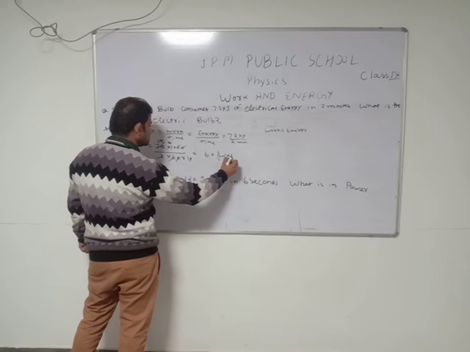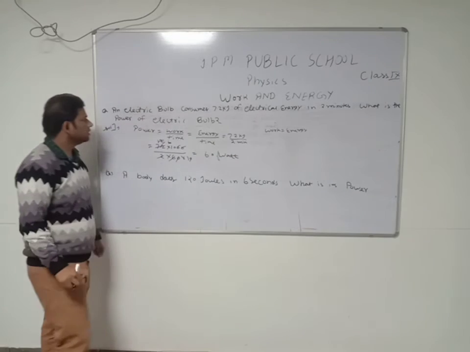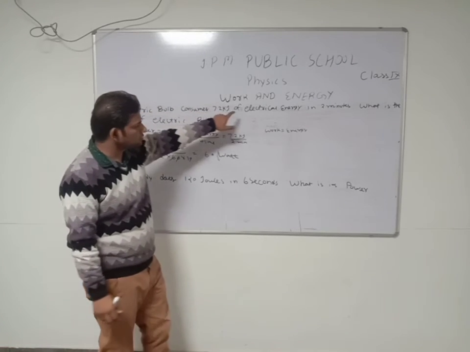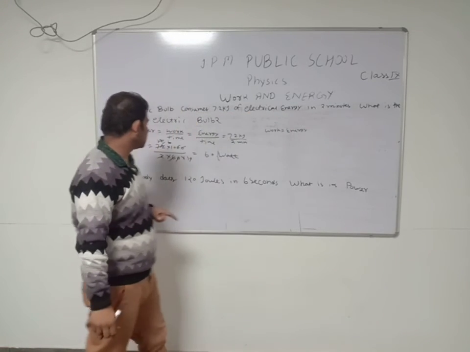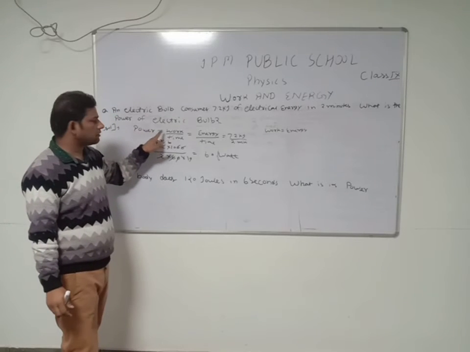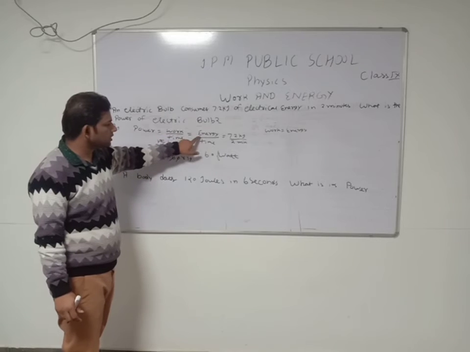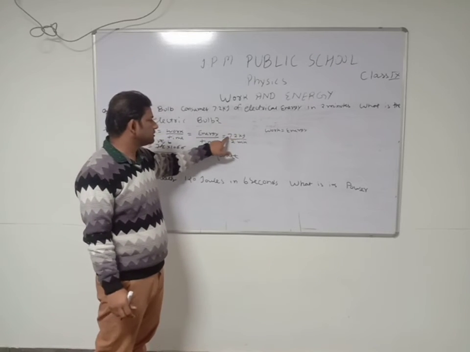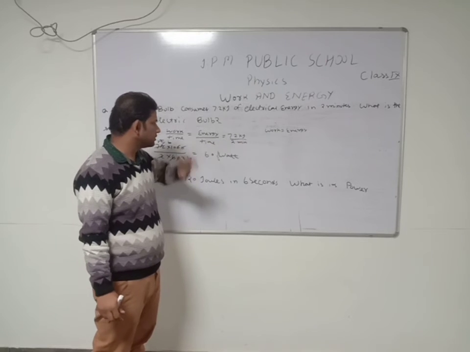Watt is the unit of power. Listen again, student. The question is: an electric bulb consumes 7.2 kilojoule of electrical energy in 2 minutes. What is its power? We know the formula of power, power equals work upon time, and work equals energy, so power equals energy upon time. Energy is given 7.2 kilojoule and time is given 2 minutes.